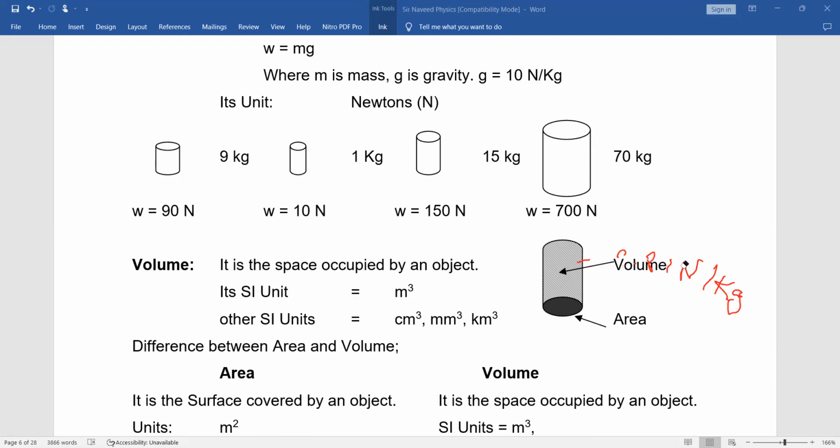There are some masses and we will use the formula, and the value of g is 10 or 9.81.